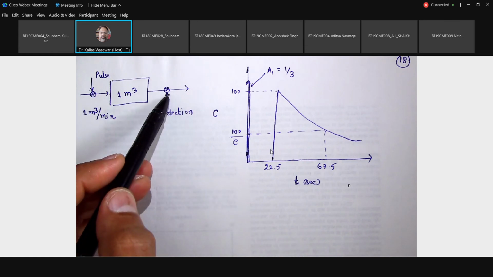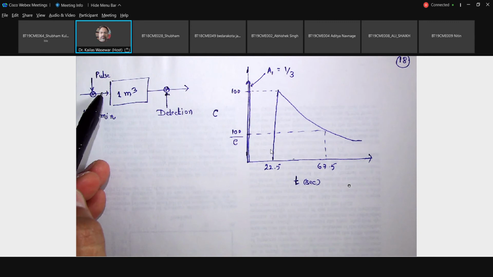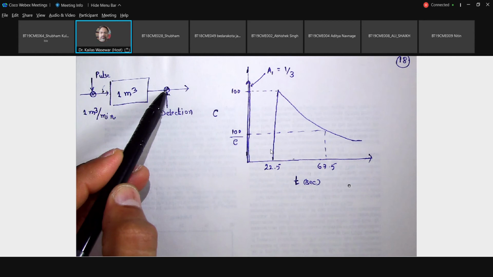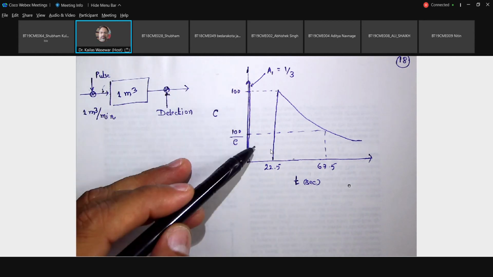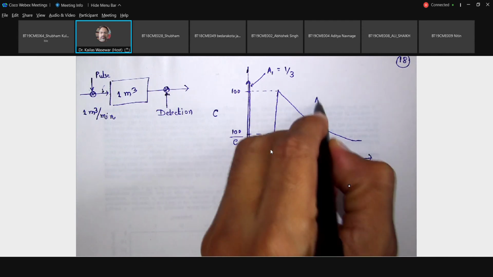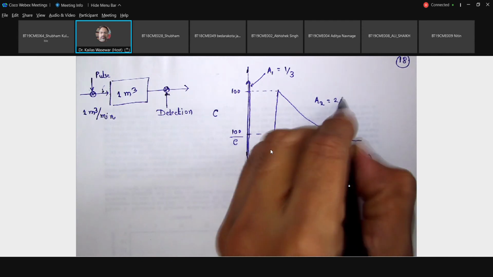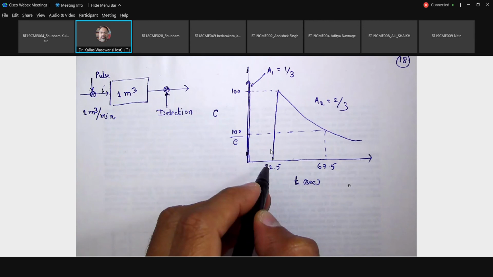That means some portion of the tracer is coming directly to the exit. Directly it is coming, some portion of that, and that is 1/3, because the area is 1/3. And the remaining then flows through the reactor.